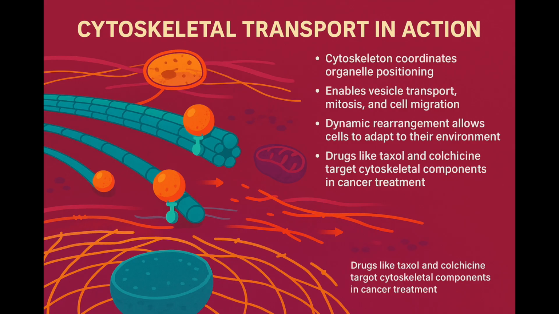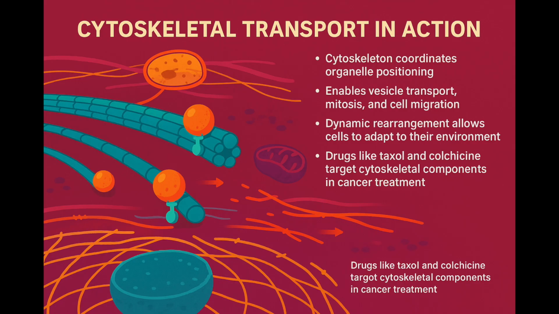Intermediate filaments flex slightly, absorbing the mechanical energy that these movements produce. Together, the cell organizes, transports, and adapts. The cytoskeleton ensures that mitochondria are delivered where energy is needed most. It guides chromosomes to opposite poles during division. It enables immune cells to chase pathogens or neurons to extend axons to precise targets.